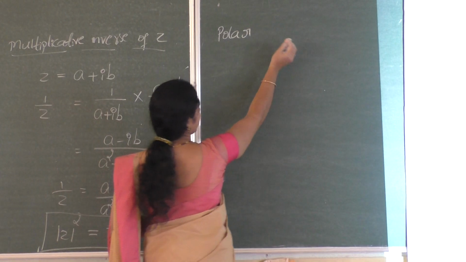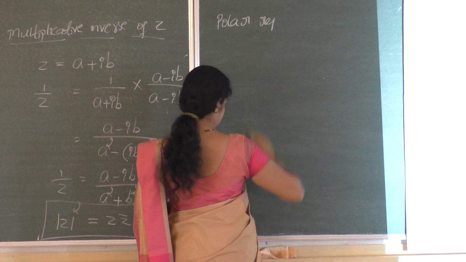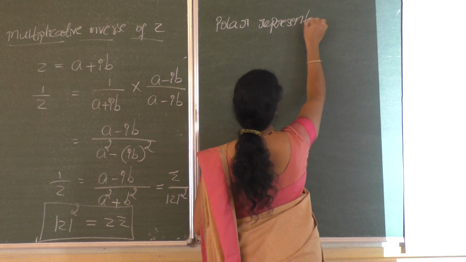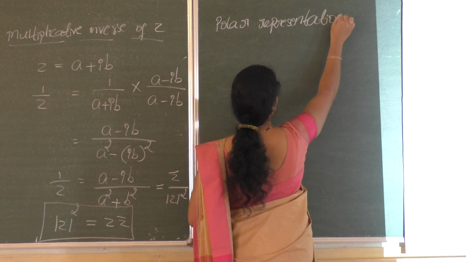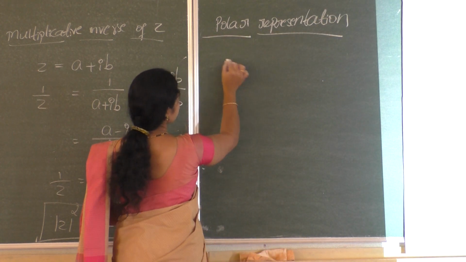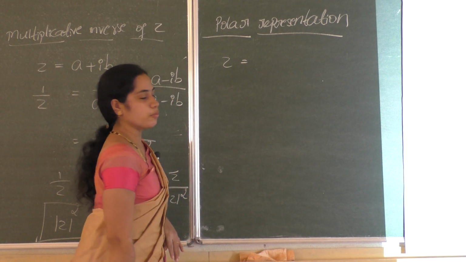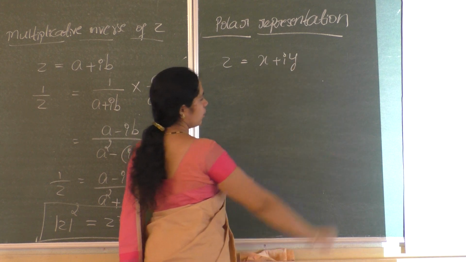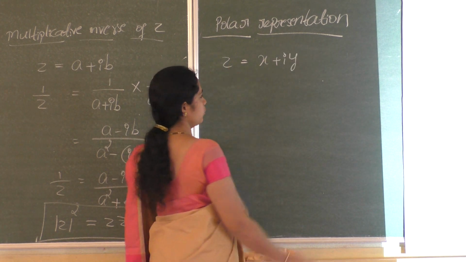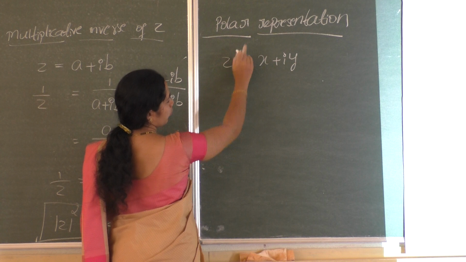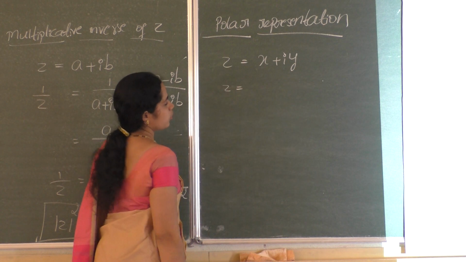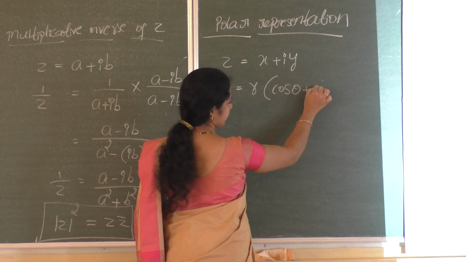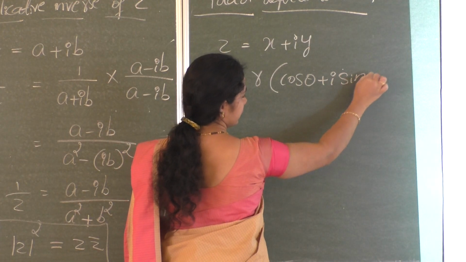Next one is the polar representation of a complex number. Suppose z is a complex number of the form x plus iy, or we can write a plus ib also. Now polar form of z, polar representation, is r into cos theta plus i sin theta.